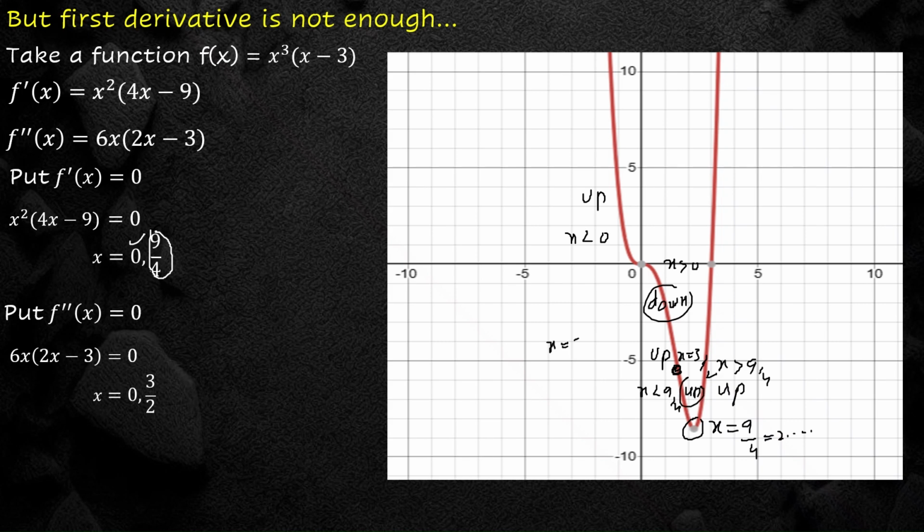Therefore x is equal to 3 by 2 is a point of inflection. Note that when we used the first derivative, we missed x is equal to 3 by 2. So we can say that the first derivative is not enough to find the points of inflection.